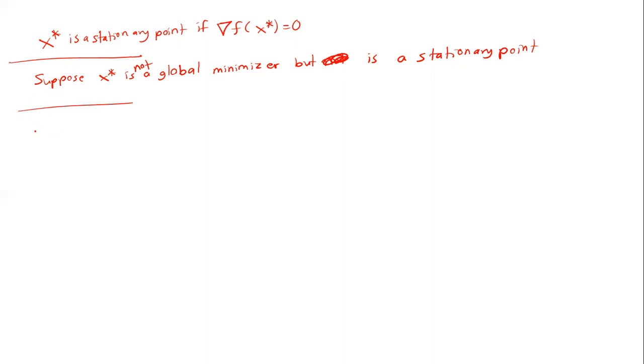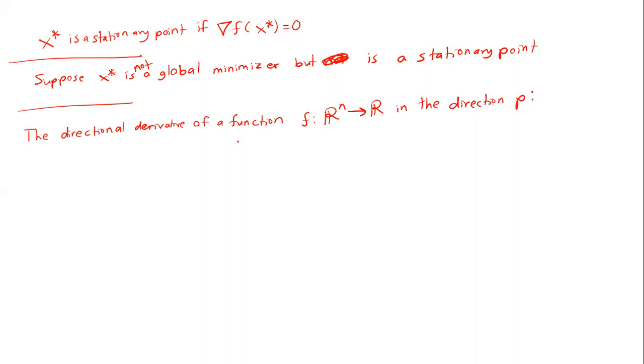So the idea is that the directional derivative of a function f mapping from R^n to R in the direction p is defined, and here the notation that they use is a little different than what we used the other day, because it's a different book.